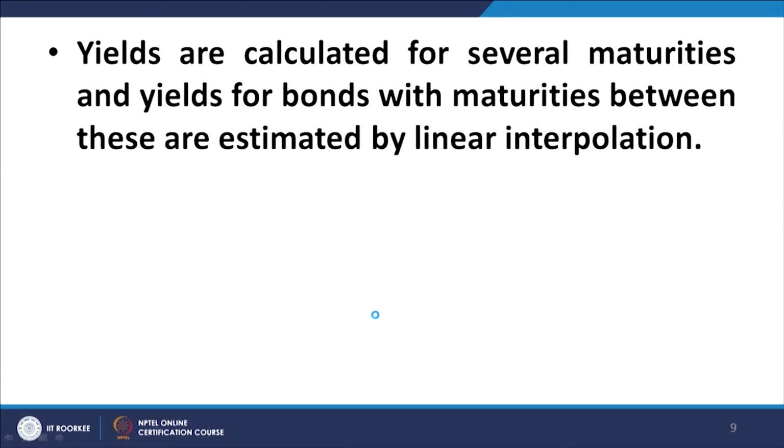So, yields are calculated for several maturities, and yields for bonds with maturities between these are estimated by linear interpolation. So, this is a procedural issue. We have discrete points for different maturities, and if you want to work out the YTM for an intermediate maturity, say 3.5 years or 3.6 years, you do it by linear interpolation.